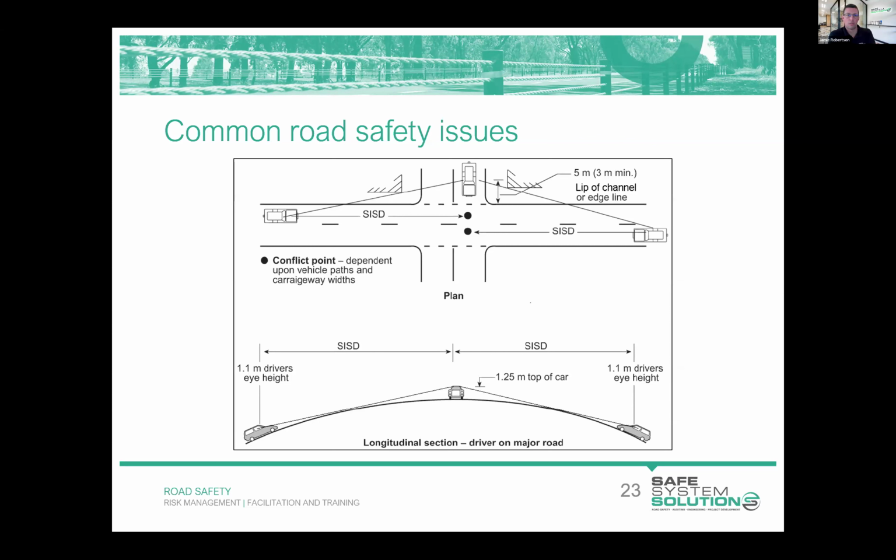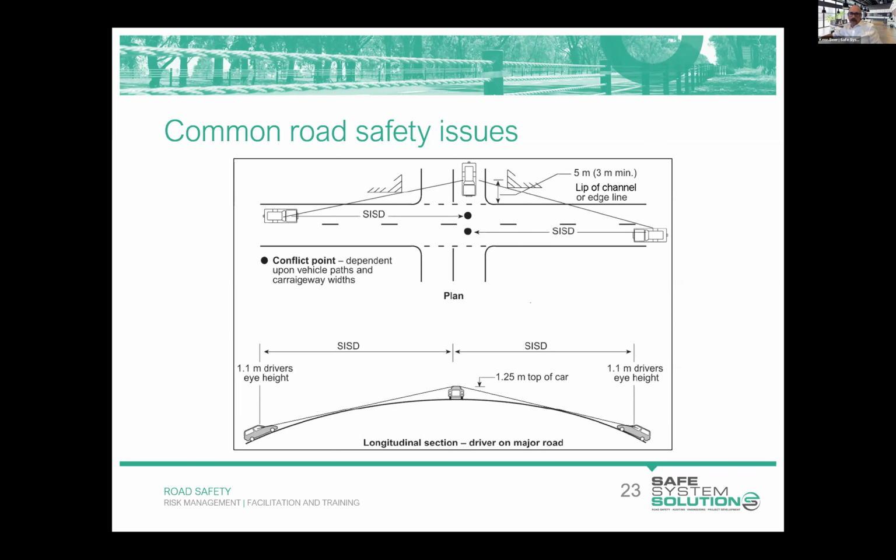Victoria, as an example, says something slightly different to this 5 meter setback or 3 meter minimum. It measures the distance relative to a conflict point rather than a hold line. So yeah, I always encourage you, if you're looking to an Austroads guide, to look to the supplement that applies in your state as well.